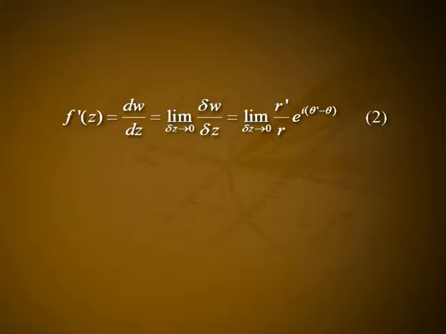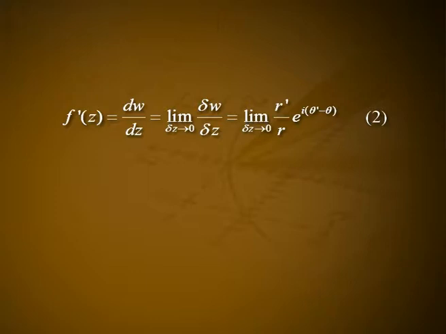Let the tangent to C at P make an angle α with the x-axis and the tangent to C' at P' make an angle α' with the u axis, then as δz tends to 0, θ tends to α and θ' tends to α'. f'(z) = dw/dz = limit as δz tends to 0 of δw/δz = limit as δz tends to 0 of (r'/r) e^(i(θ' − θ)).